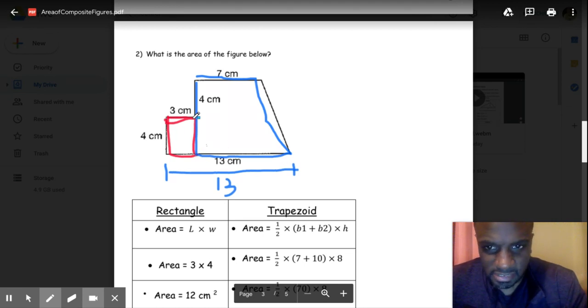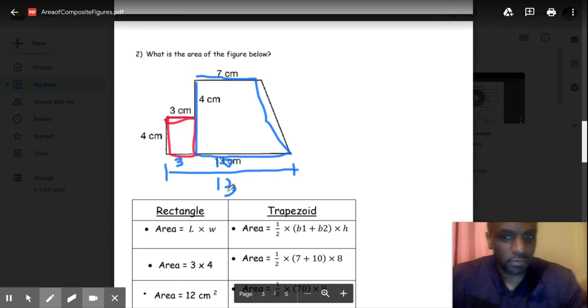So if this is 3 and that's 13, then that means this little bit right here has to be 3 as well. So from here to here is 3. So from there to there has to add up to 13. So what would that be? That means from here to here has to be 10. Okay. This is 10. So 3 plus 10 does give you 13.